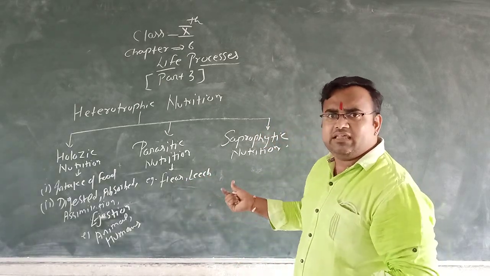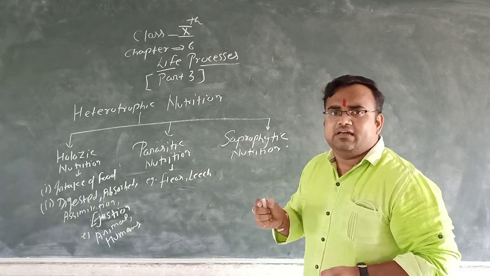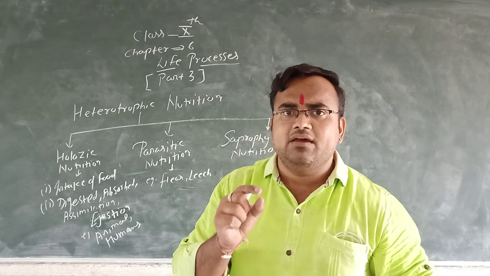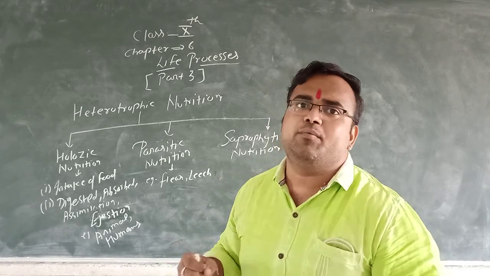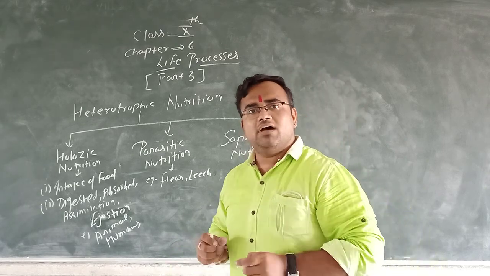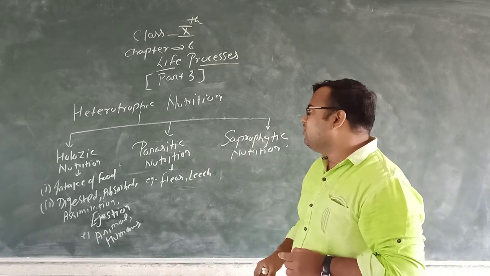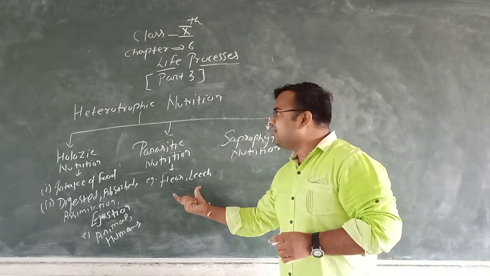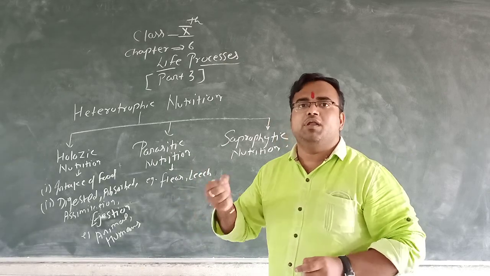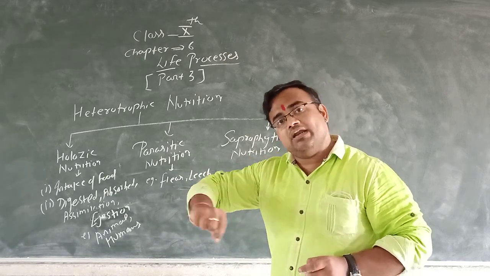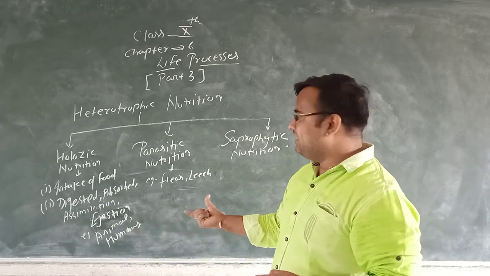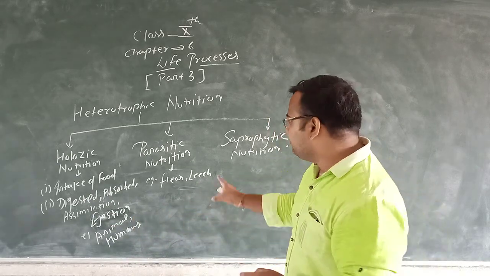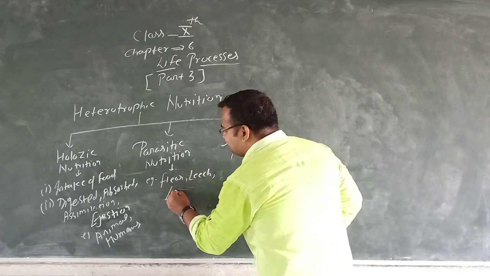You must have seen the leech. In Hindi we know leech as joke, which sucks the blood. So parasitic mode of nutrition: fleas, leech. These are the parasites which depend for their food on another living organism. One more example is lice.